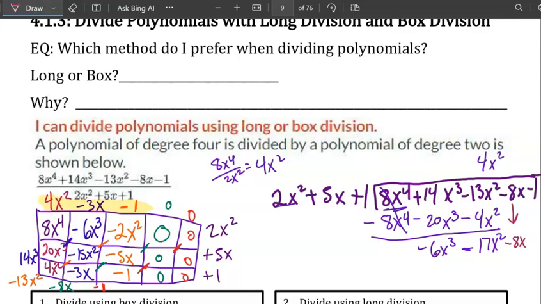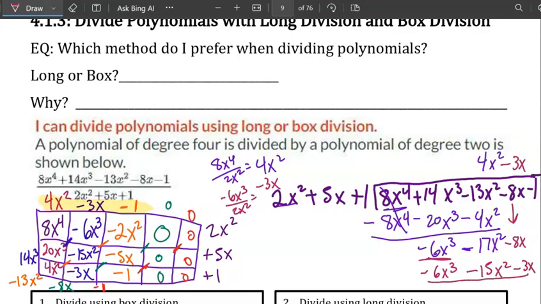And then repeat the process, but this time we're going to divide negative 6x cubed by 2x squared. And that would give you negative 3x. Put that above here, line it up with the x terms, multiply negative 3x by the divisor, you get negative 6x cubed minus 15x squared minus 3x.